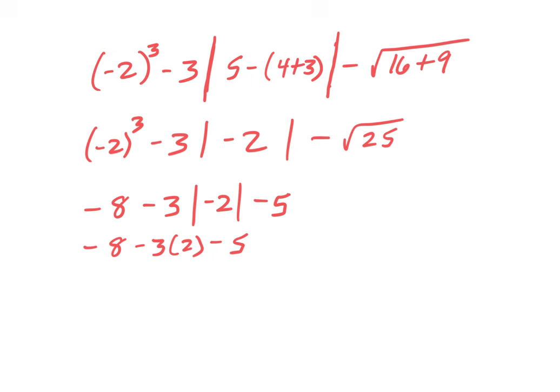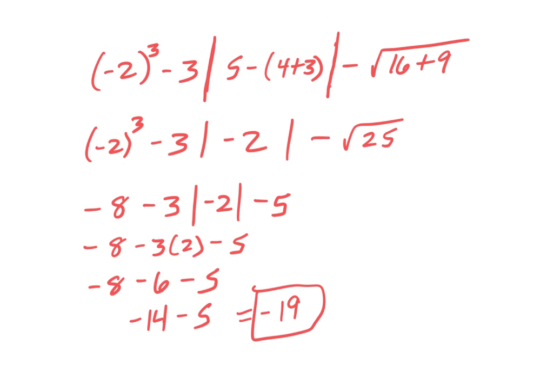We're almost there. Okay? Negative 8 minus 6 minus 5, because we got to do multiplication. Negative 14 minus 5 is negative 19. So nobody got it right. Nobody got it right. No, you didn't.